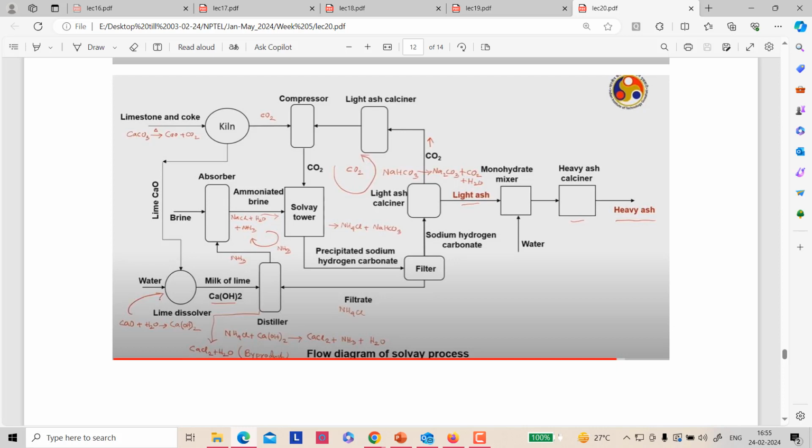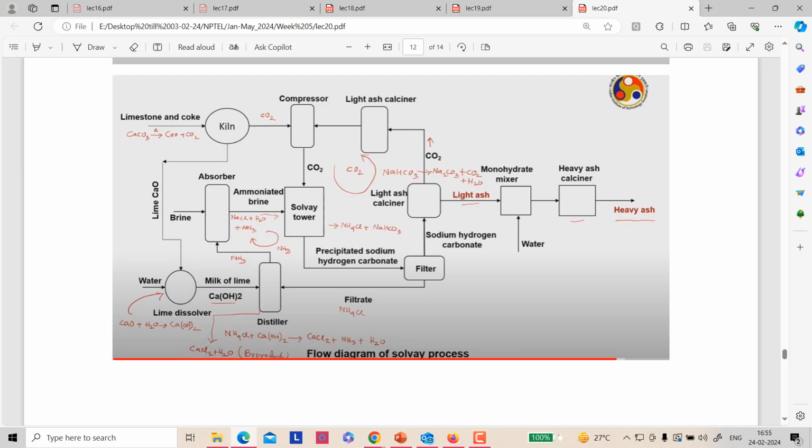So sodium bicarbonate is heated in the light ash calciner, and it produces light ash following this reaction. And in the light ash chamber, some carbon dioxide is also produced along with this light ash. So the carbon dioxide is recycled back to the compressor, and it goes back to the Solvay tower.